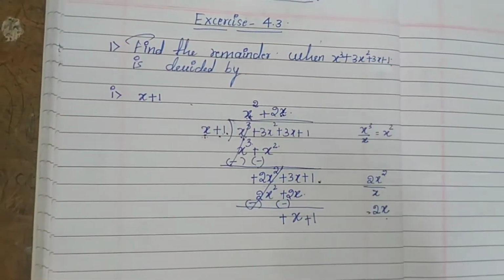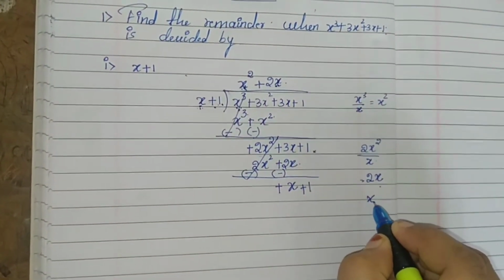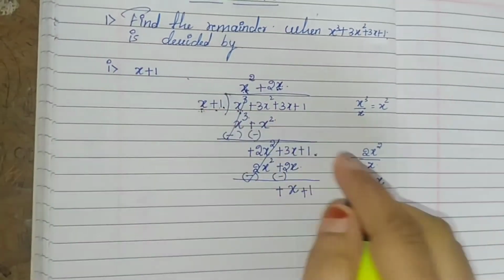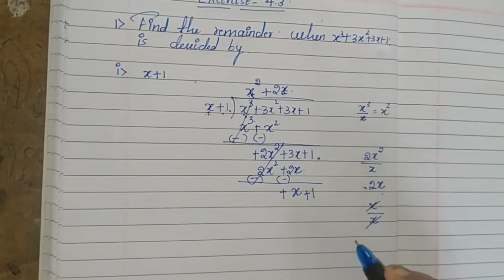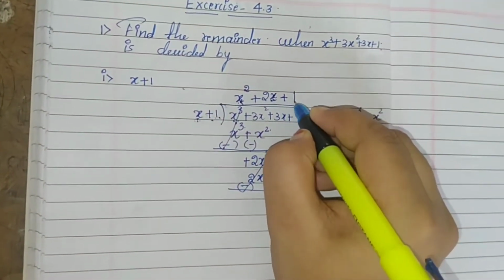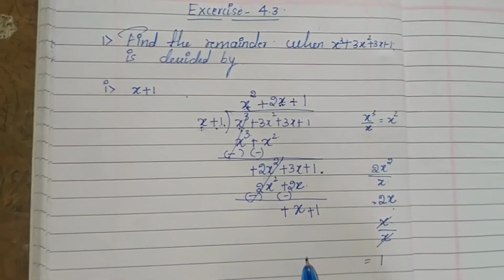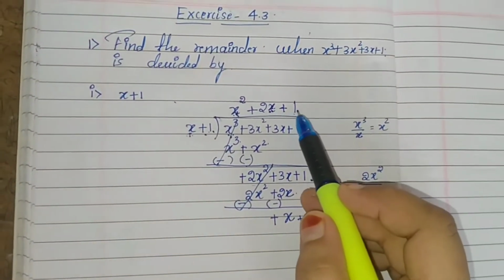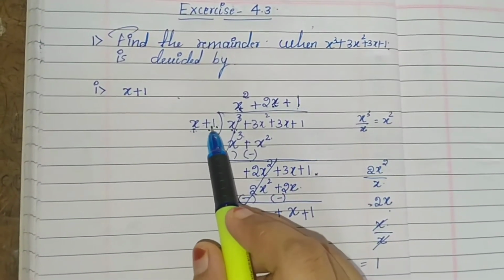Okay, the same step you have to repeat now. The first term of the dividend is x, and the first term of the divisor is x. So x divided by x is nothing but 1. So that 1 is your third term of the quotient. After that, you multiply the third term of the quotient by the first and second term of the divisor.